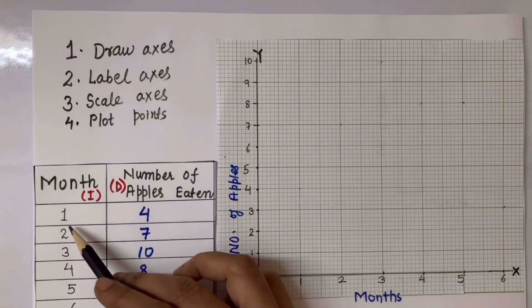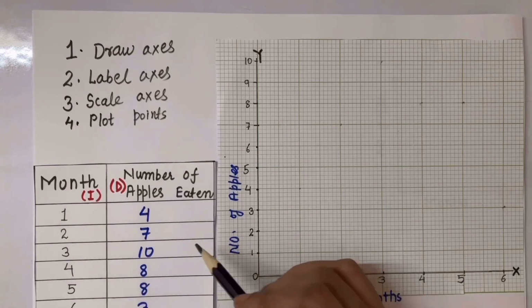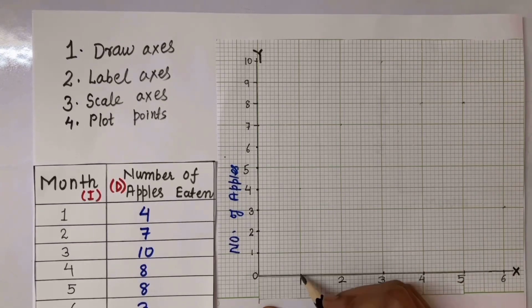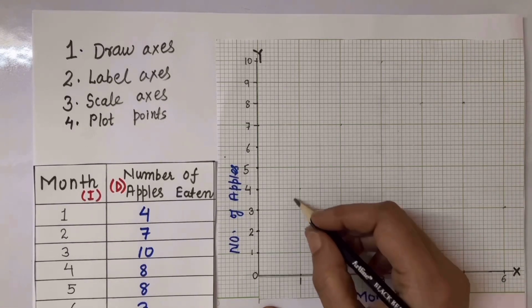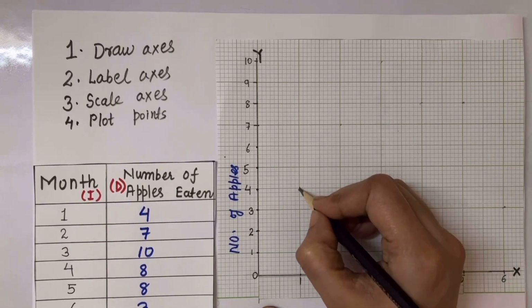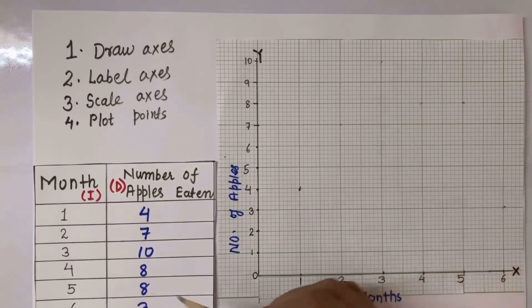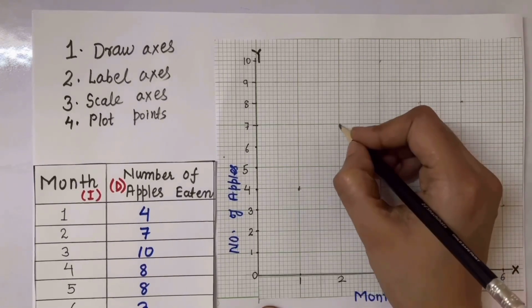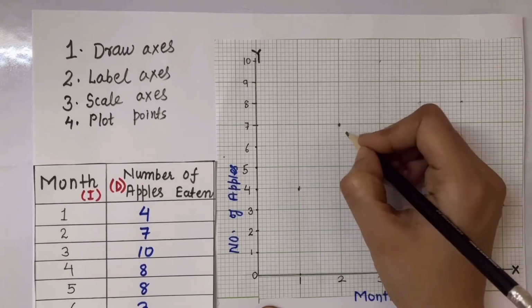So for the first month, the number of apples eaten is 4. From the month side, I will take 1, and here number of apples 4, so I will put a dot here. For the second month, I have eaten 7 apples, so I will take a point here.